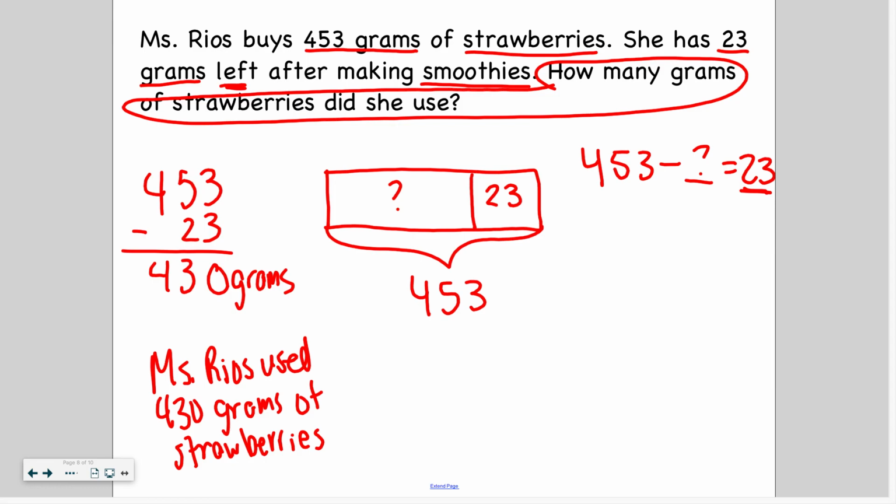I can then subtract what was left over instead to see how much was taken away, right? So that's how I knew I had to subtract. Also, the 453 was what she started with. That was her total, and that's why I knew that I would subtract what was left over from her total to see what the other part was.